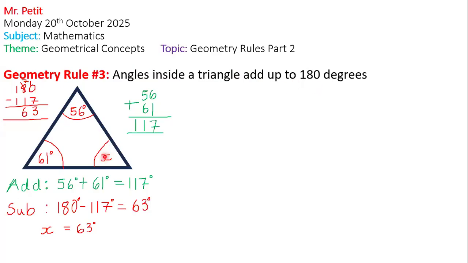We're trying to figure out what x is. X is inside a triangle. We know that all of the angles add up to 180 degrees. The only one that we don't know is x. So we're going to add the 56 and 61, then subtract that sum from 180 degrees, and we get 63 degrees. That's how we get that.